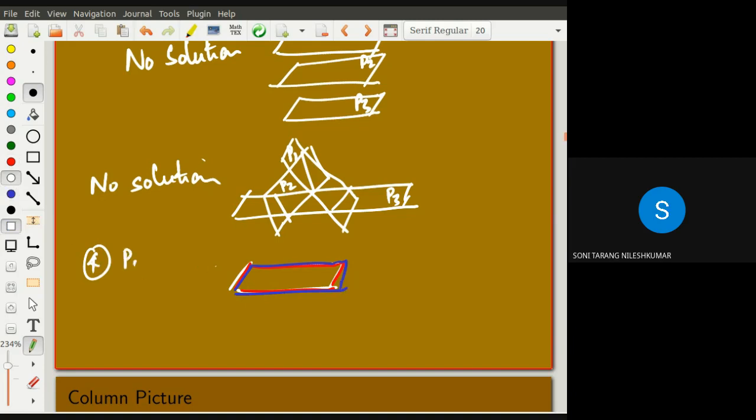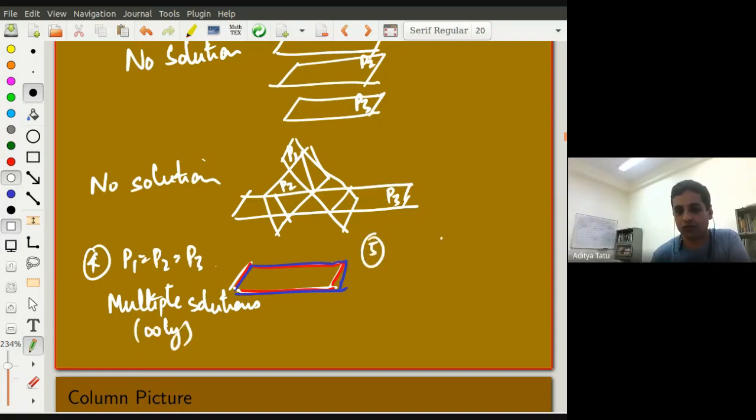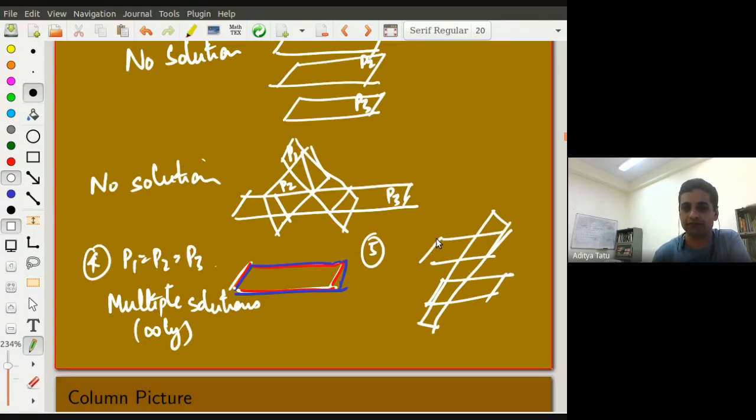Sir, when two planes are parallel and other plane is at an angle. Yes, two planes are parallel, third plane can be anywhere, it doesn't really matter. Right?